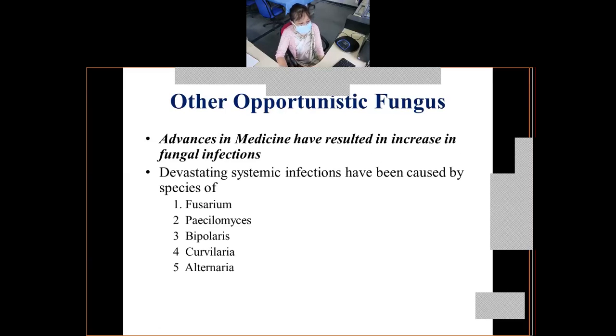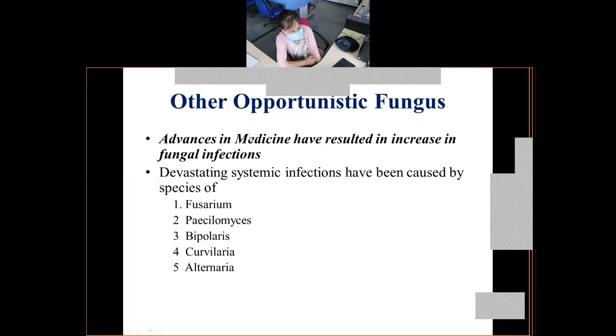Then there are certain other opportunistic infections. With advances in medicine, there has been a lot of increase in the number of fungal infections, and some of these which are present ubiquitously in nature are also known to cause infection. These are not very common causes, but they can cause very devastating systemic infections.